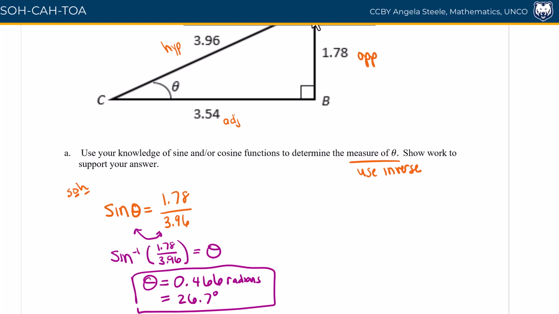Okay, and we also could have used cosine to find the same exact thing. So we get cosine of theta equals the adjacent of 3.54 divided by our hypotenuse of 3.96. We then want to take the inverse to switch our input and output to get theta by itself, and we get the same exact values.